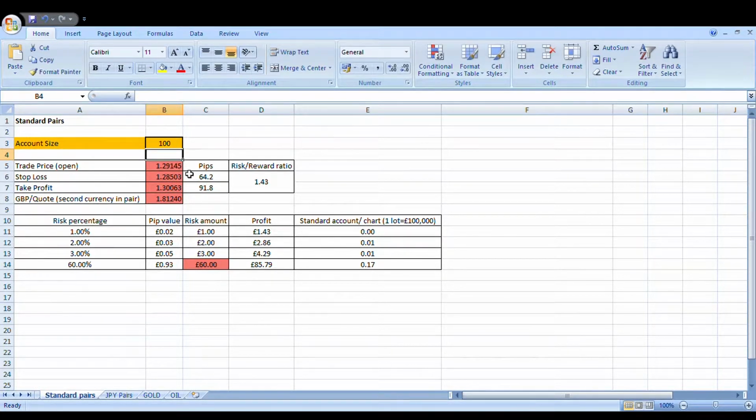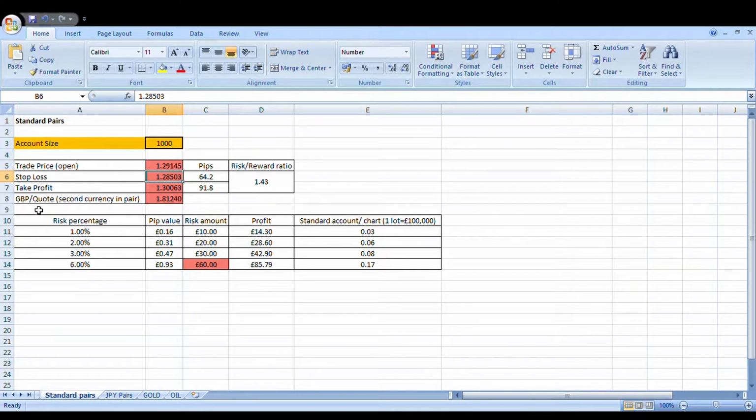As you can see, things start to change. But for now, if I just leave it at £100, then we've got all of the prices. So you've got your trade price, your stop loss, take profit, and this here.